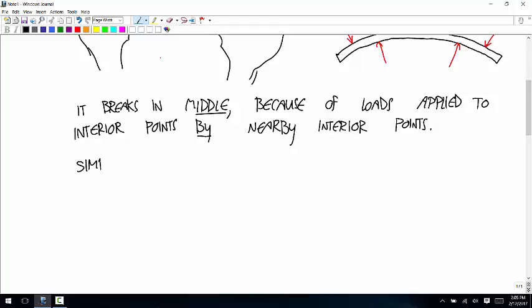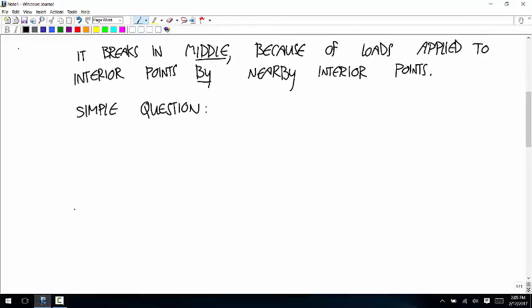So we'll start with sort of a simple question and we'll work up from there. So let's say that we have a cantilever beam. So there's the wall. The beam's connected to it with a fixed joint.